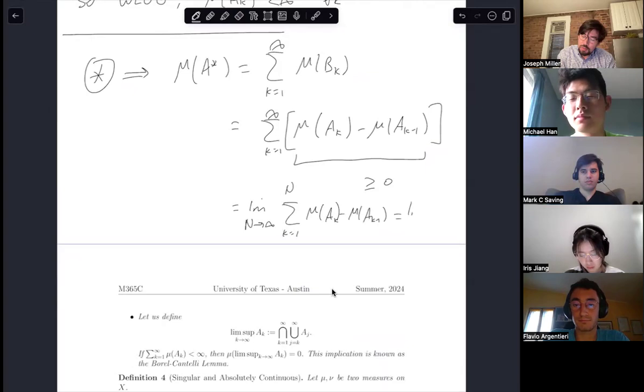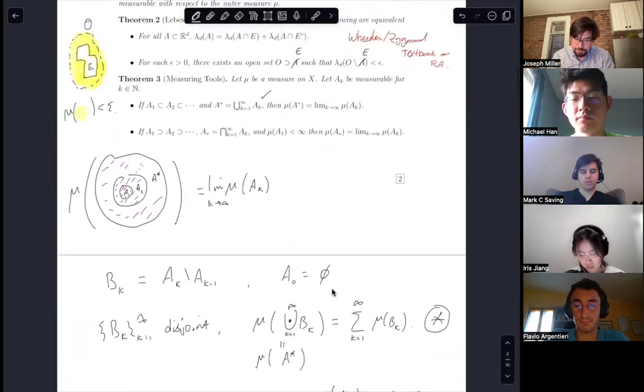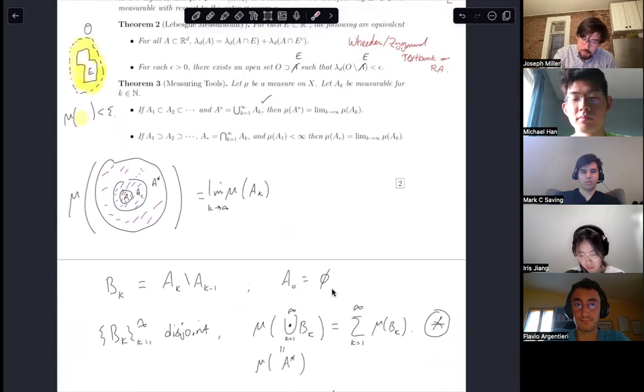So in general, this is the limit as n goes to infinity of mu of An. All I get is the last one, because everything telescopes. And that actually completes our theorem, our measure theorem. So we're good there.